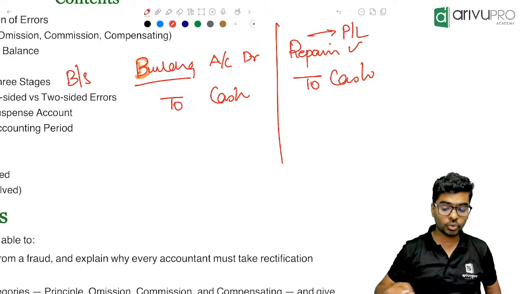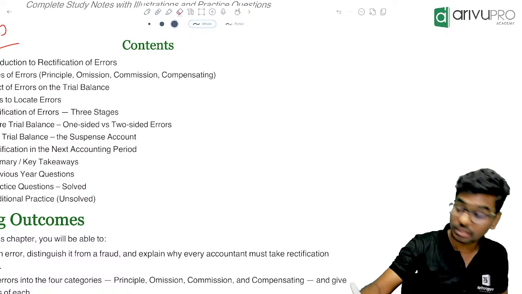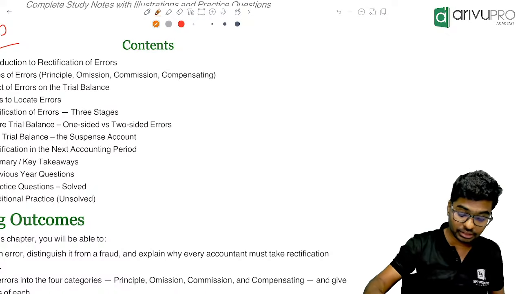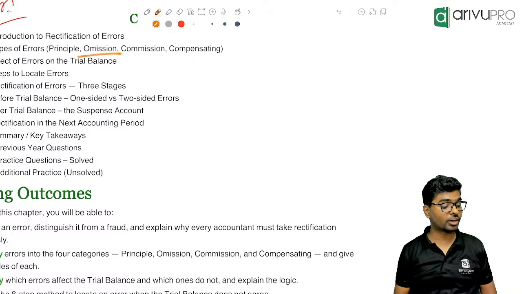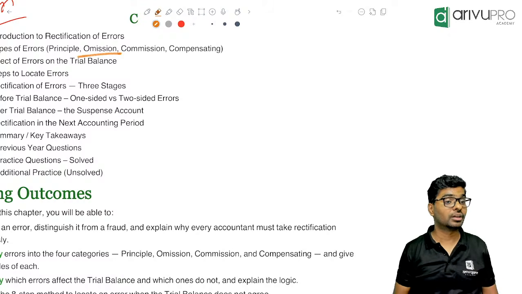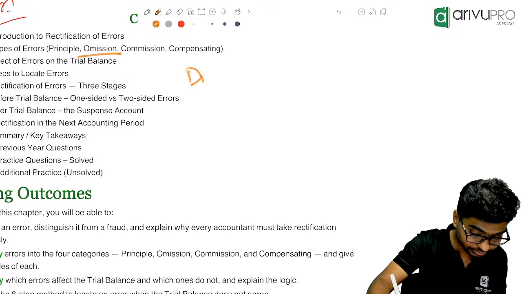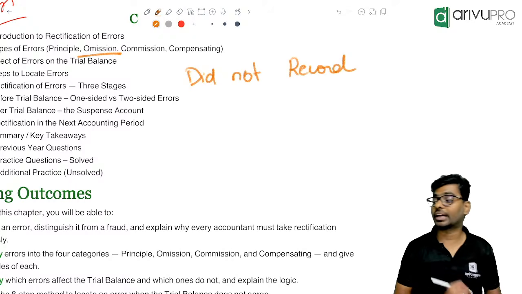Right? Now comes the second error. Error of omission. What does error of omission mean? That you did not record the transaction.